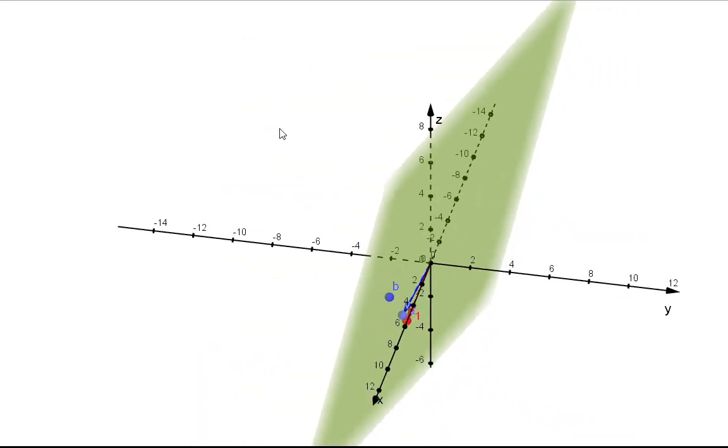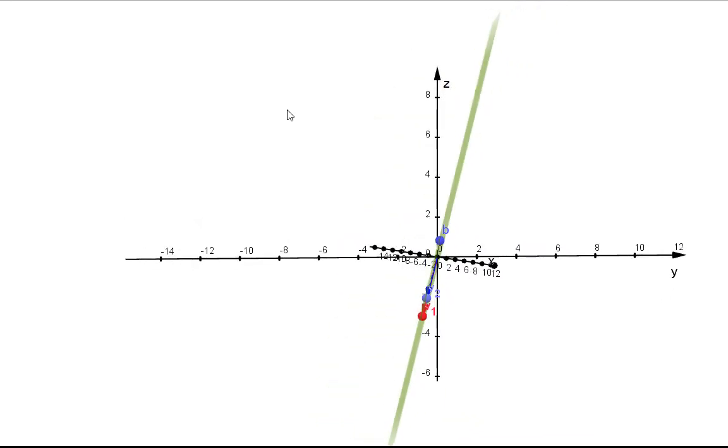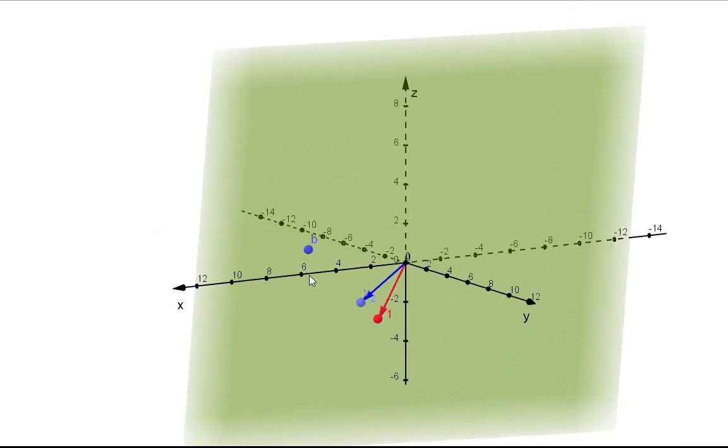But if you turn it to the side, yeah, you can tell that it looks like B is on that plane. And here, if we draw a picture of -3 times v1, it looks like that. And then if we add 4 times v2 to that vector, it looks like this. And yeah, that gives you B.